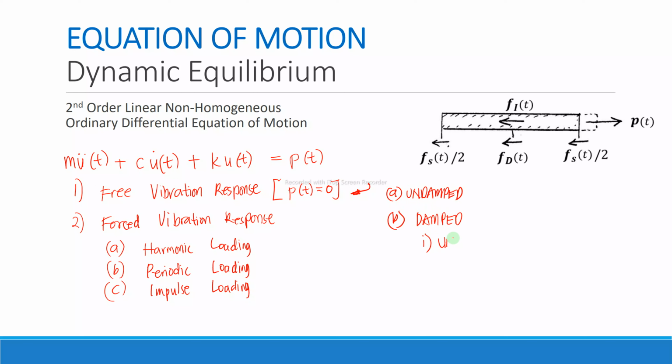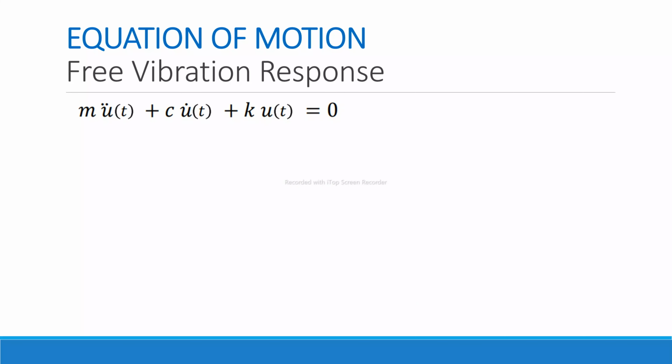We have the underdamped, and then we have the critically damped, and lastly, we have our overdamped. So without further ado, let's start the calculation for our free vibration response.